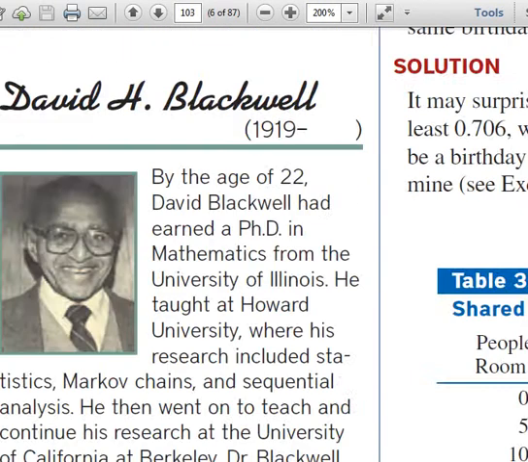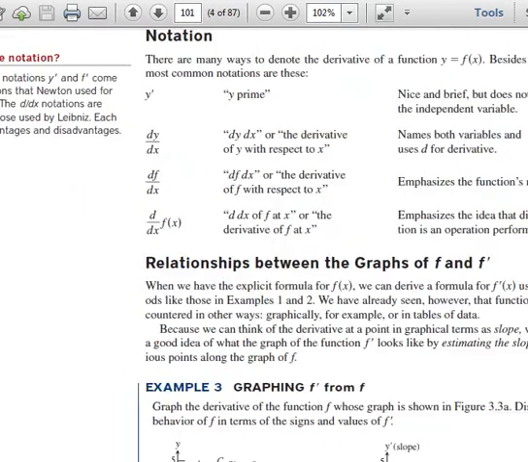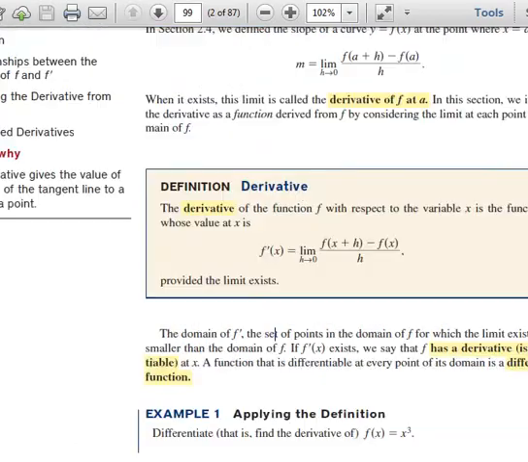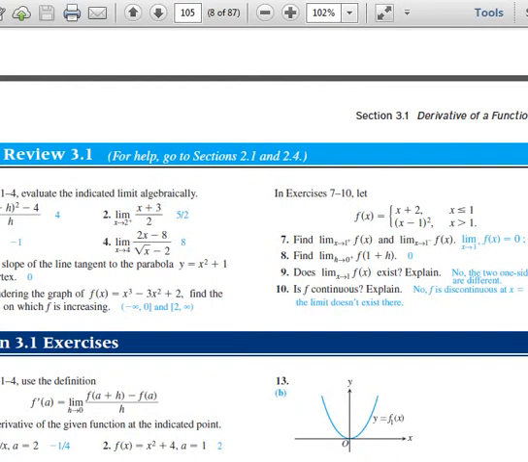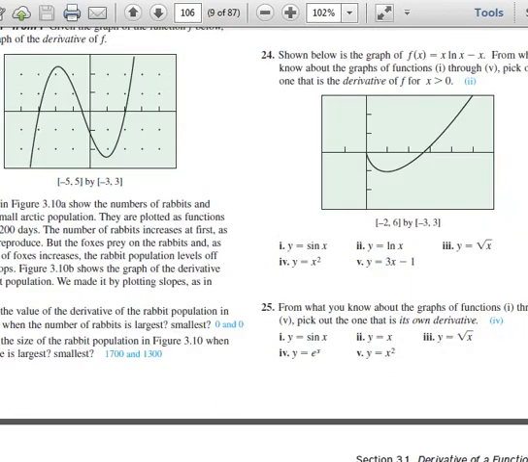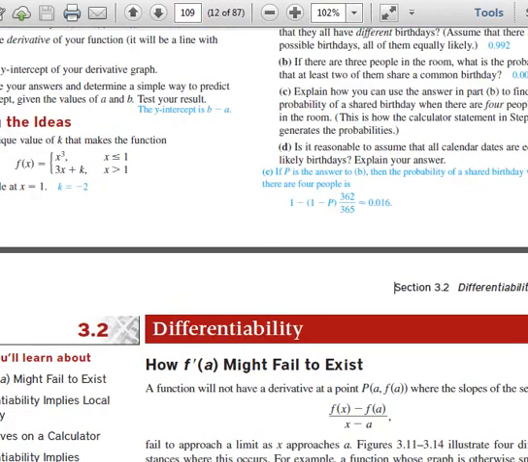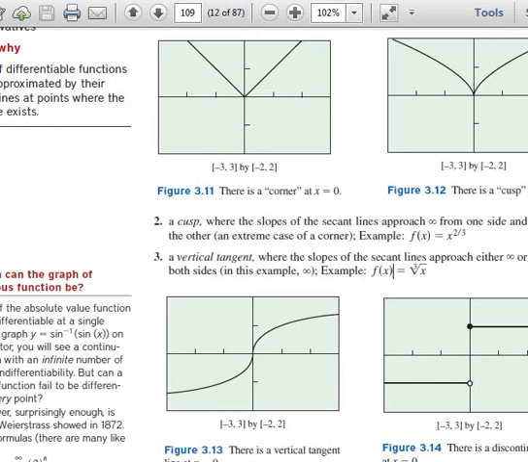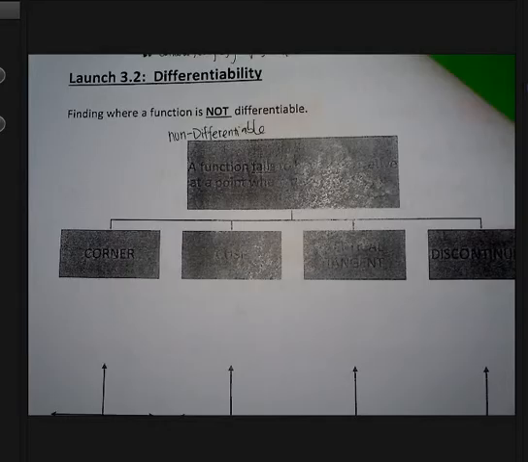Okay, so I'm going to go to my little cheat sheet, which, if you have your book, you could just look at too, it's in your book on page 109. So corner, cusp. A corner will look like this.